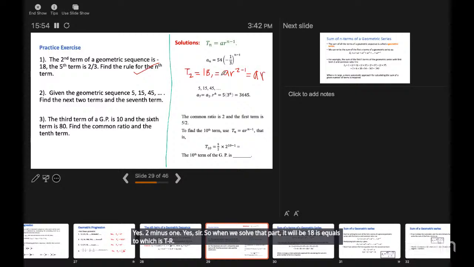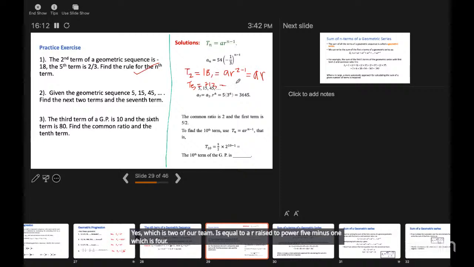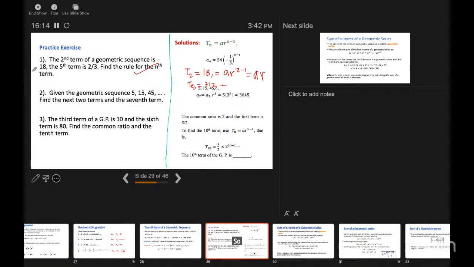We do the same for T5, which is 2/3. 2/3 is equal to ar raised to power 5 minus 1, which is 4. So 2/3 equals ar to the power 4.